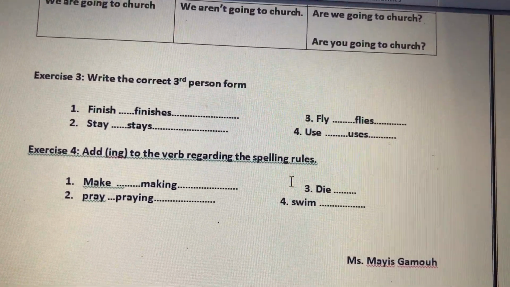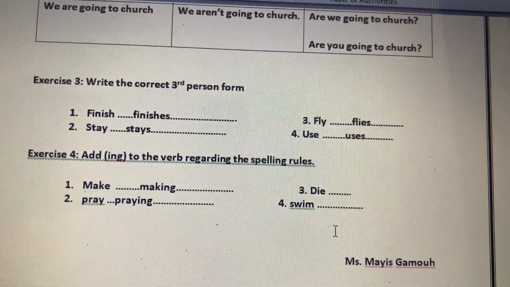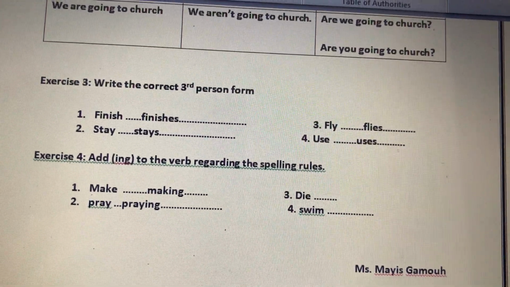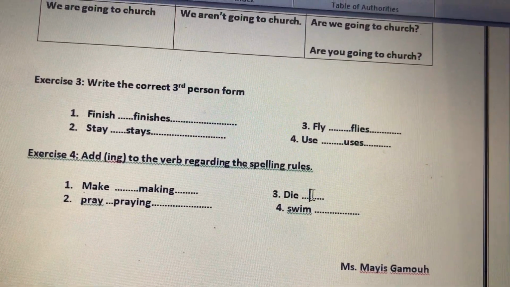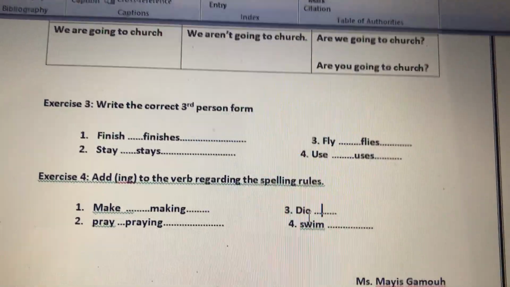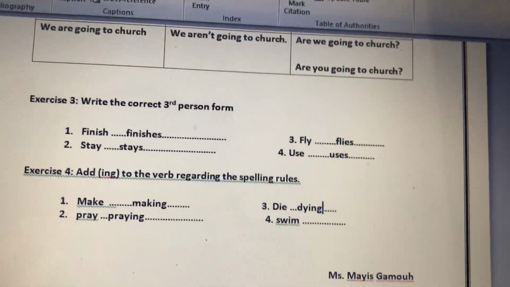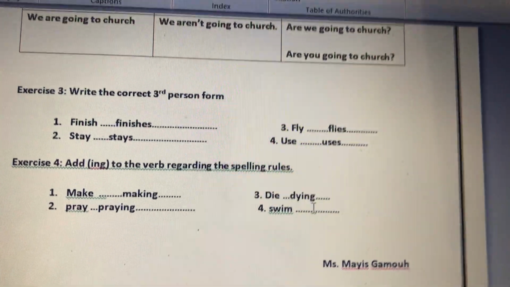Number 3, we have the verb die, D-I-E. So in here, we will omit the IE and we will add Y with ing. So it will become dying. And the last verb that we have is swim.